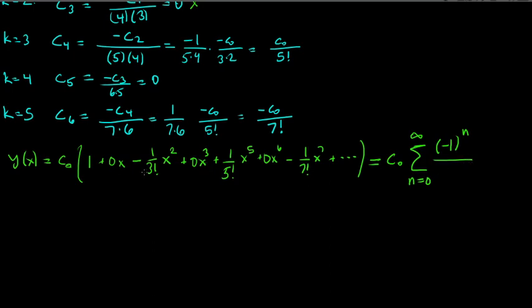So in the denominator, we have 2n plus 1 factorial, because these are odd numbers. So 2n plus 1 represents the odd numbers. This is for n equals 0. This will be for n equals 1. This will be for n equals 2. This will be for n equals 3, because we're just ignoring the zeros here. So this is going to be x to what power? Well, x to 2n.